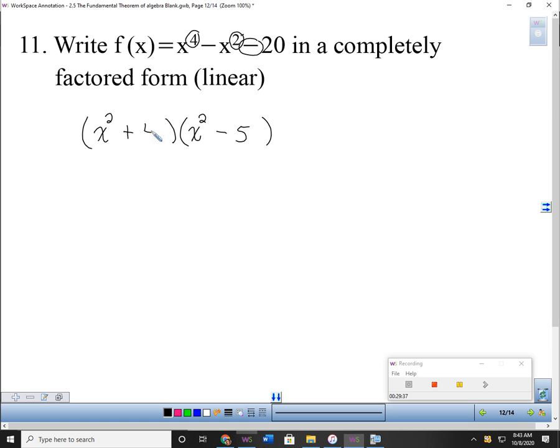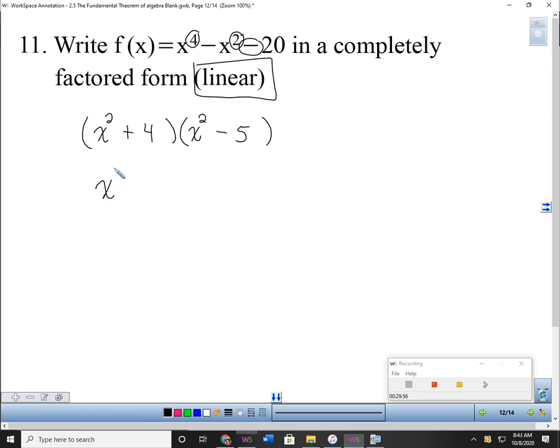So here's the problem. It wants me to write it in completely factored form with linear terms. These are not linear because they have a squared, right? Linear terms have the biggest power of x to the first. So that means I need to figure out what my zeros are, and then I can write them as linear factors.